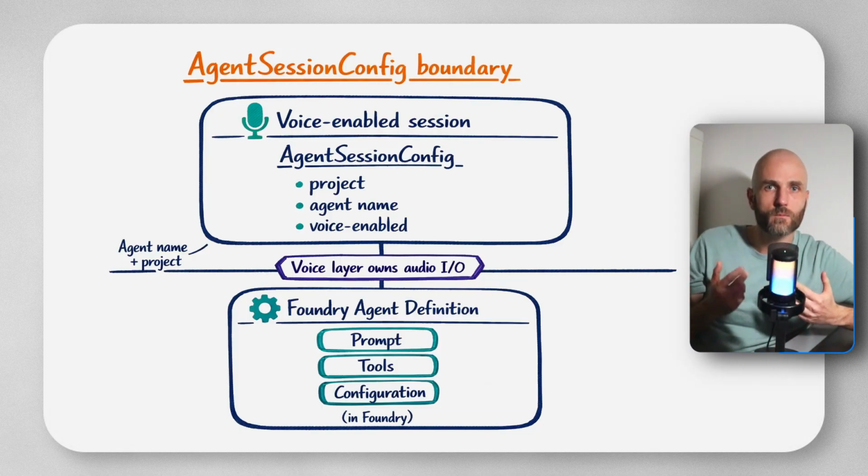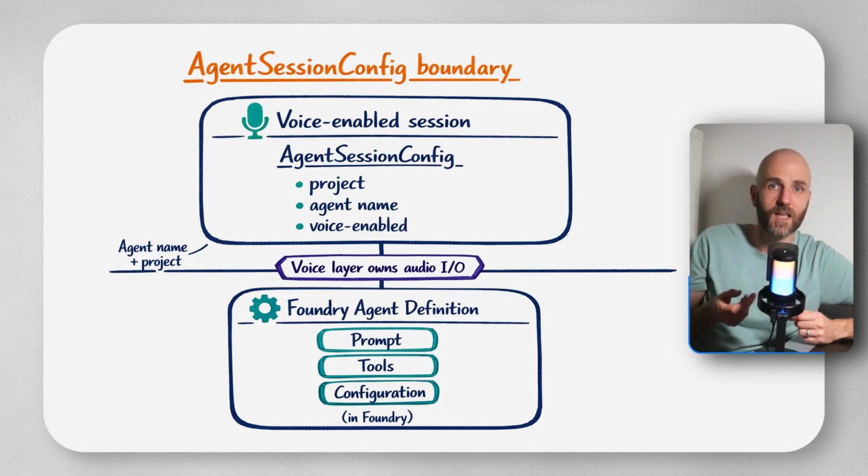The integration point is also important. I connect via an agent session config. I point at an agent name and project, and the session is voice enabled. But the agent prompt, tools, and configuration stay in Foundry. The voice layer owns the audio input and output, not my agent definition. And because it's still the same agent runtime, I don't end up with a second system to operate.